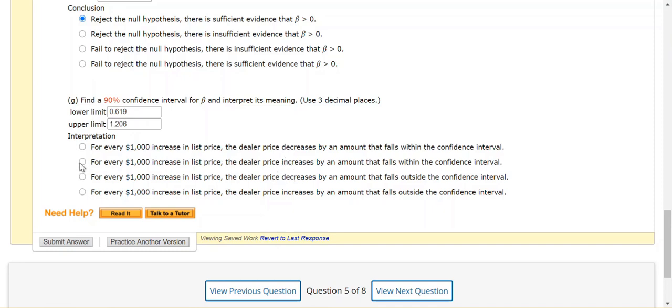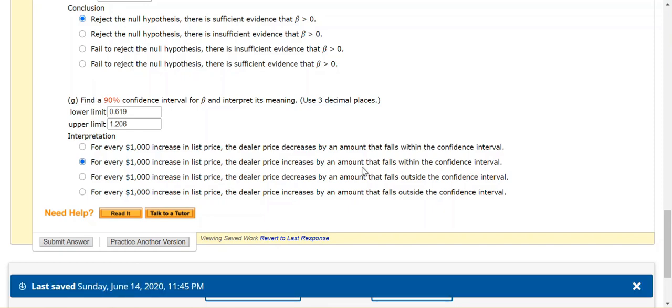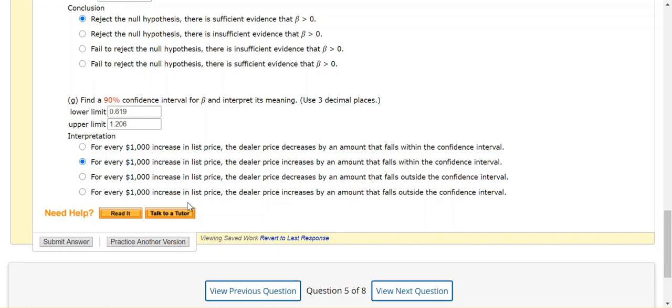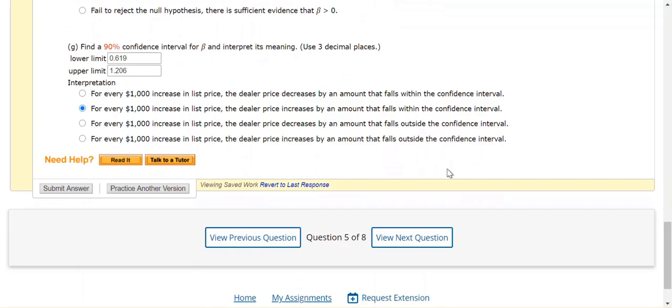So it's either for every 1,000 increase in list price, the dealer price increases by the amount that falls within the confidence interval, or for every 1,000 increase in list price, the dealer price increases by the amount that falls outside the confidence interval. Well, that's kind of silly. So for every 1,000 increase, we're 90% confident that the dealer price increases by the amount that falls within this confidence interval. If you have any questions, just let me know.